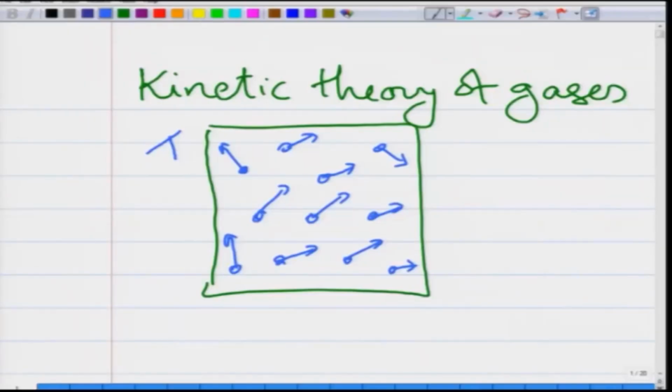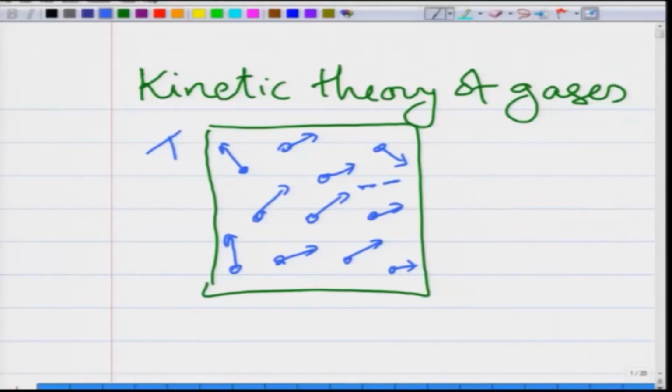And in this kinetic theory of gases, there are some assumptions which are made regarding this model. One of the assumptions is that these particles which constitute the gas, the microscopic atoms or molecules which form the gas, are like hard spheres, non-interacting, that they do not interact with each other. There are no forces of attraction or repulsion between them. They are almost neutral and weakly interacting or non-interacting.